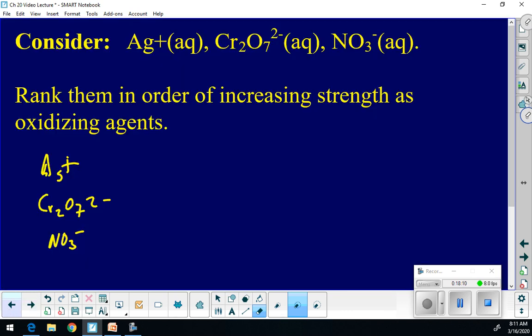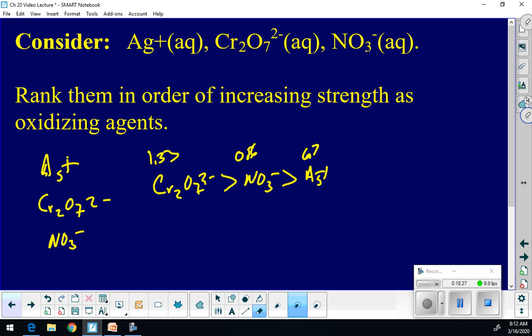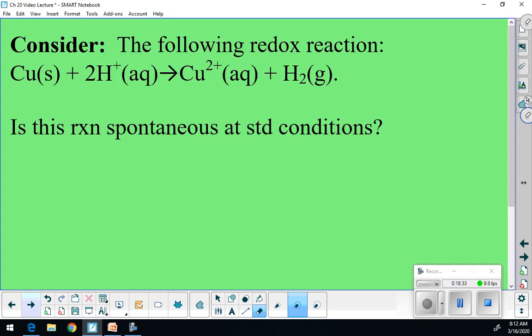This is the highest, so dichromate is going to be greater than nitrate, which is greater than silver plus, right? Because this is 1.33, this is 0.96, this is 0.799, right? Cool. Piece of cake.